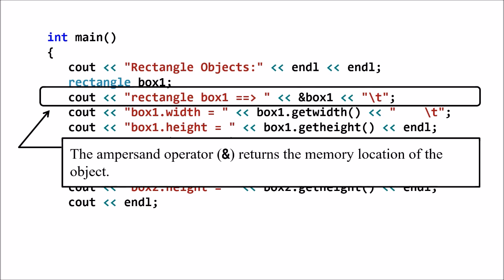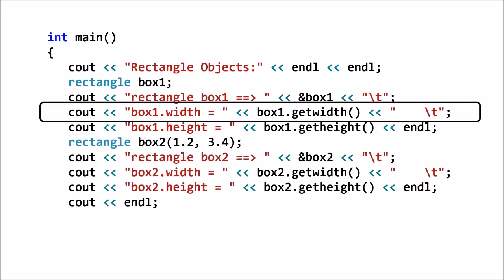So when this is printed out on the screen, we will see an address location. This is the address location where this object is stored in the computer memory. And then it tabs over for the next piece of information.